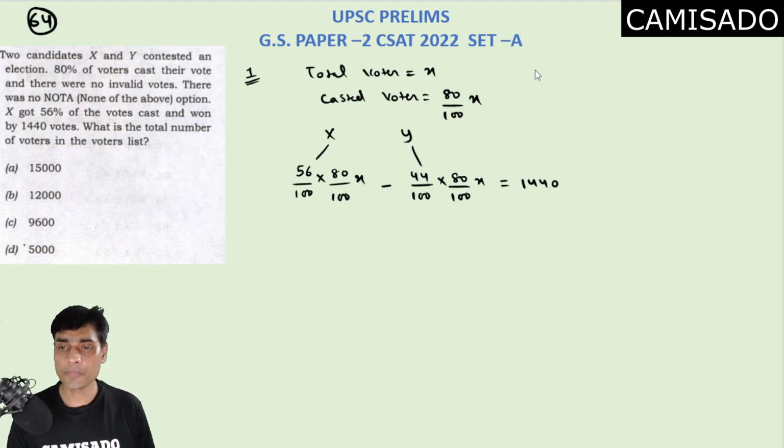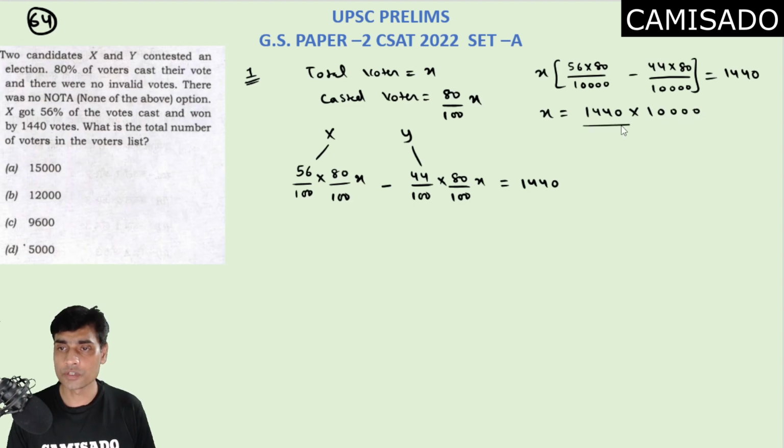So I will use this way for calculating x. So finally, taking common, I can write 56 into 80 by 10,000 minus 44 into 80 upon again same 10,000 is equal to 1440. So x is equal to 1440 into 10,000.